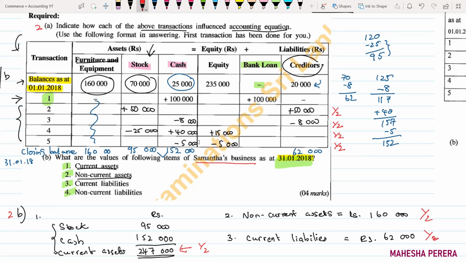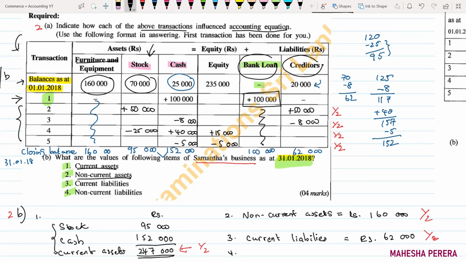Okay, there is another question. Non-current liabilities, again, we have only one non-current liability. It is the bank loan. There is 100,000 worth of bank loan, and it doesn't change after obtaining the bank loan, right? So it will be the same now. The closing balance is the same, 100,000, and your answer is 100,000 rupees.